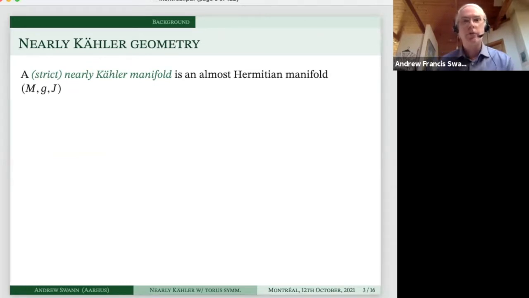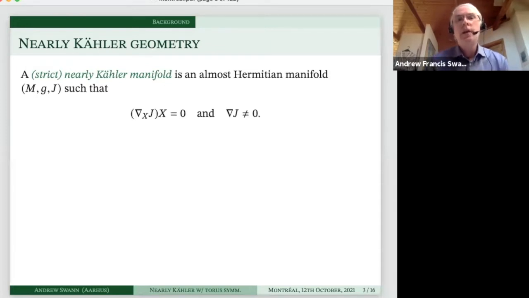I'm going to call my complex structure J, and that's compatible with the metric G. And the nearly Kähler condition is that nabla J is skew symmetric. So nabla_X J applied to the same X is always 0. And then I want these things not to be Kähler, so that's the strict word here. So I'm going to require that J is not parallel. And here nabla is the Levi-Civita connection of the metric.